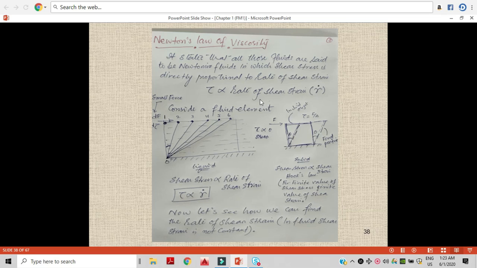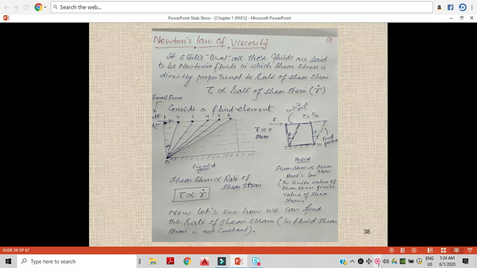Shear stress, we know, is the tangential force acting on a surface of a fluid, and the deformation produced due to this shear stress is called shear strain. But what is the rate of shear strain?